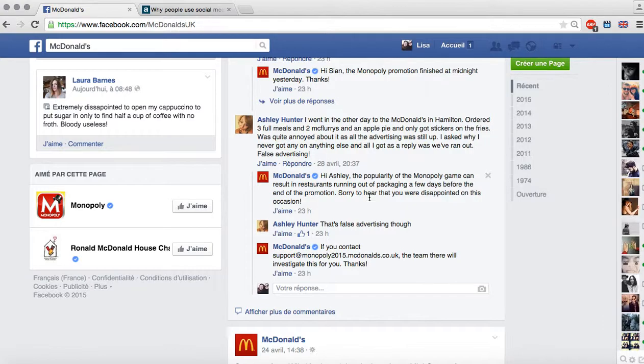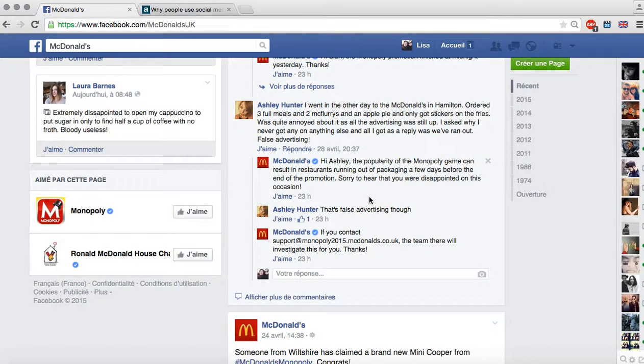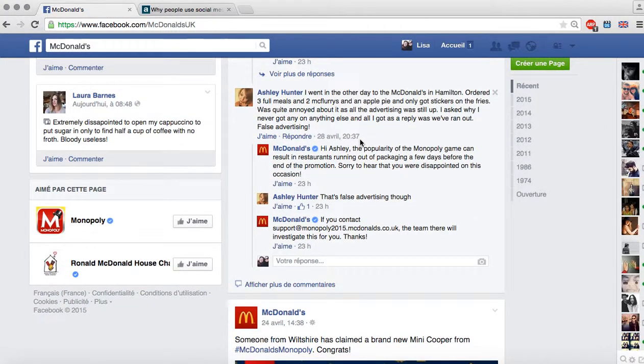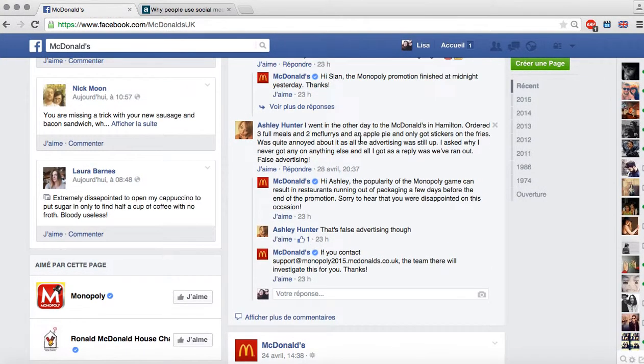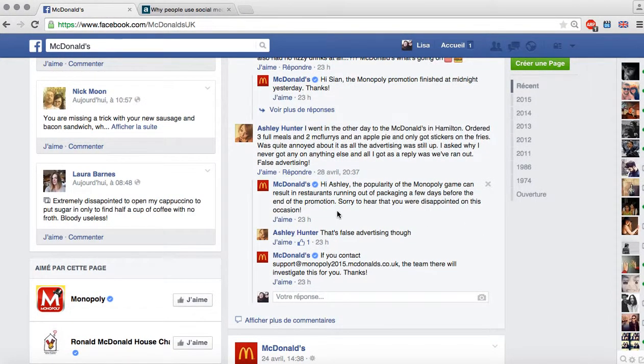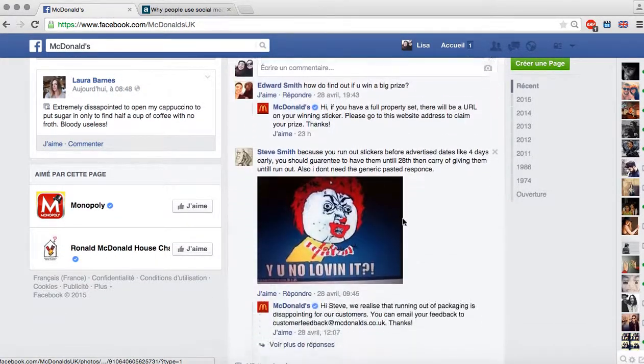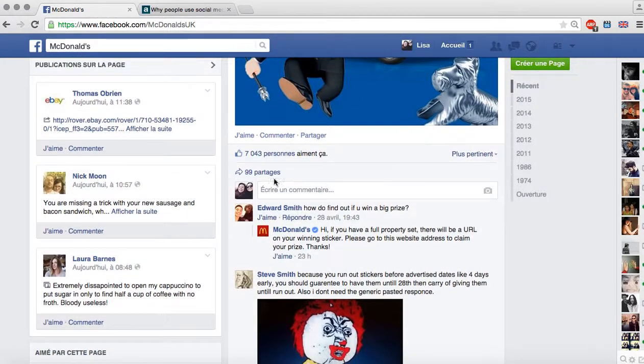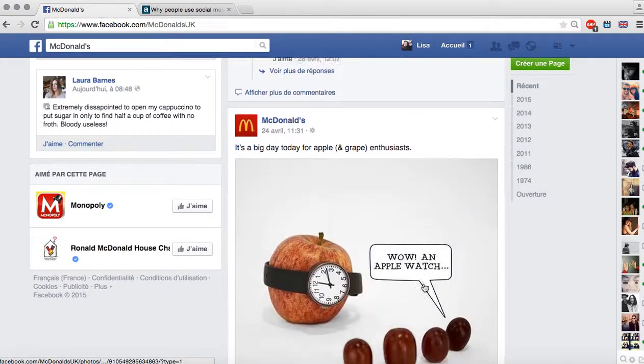So they are listening to their consumers, and the fact that McDonald's responds to the comments of their consumers is also a proof of social interaction, because the Facebook page is not a one-way communication, it's a two-way communication. People can interact with other people, but also with McDonald's. Here we can see as well a lot of likes, shares, and comments.